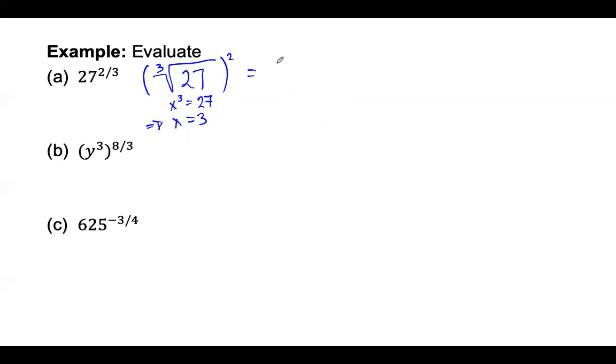So this is 3 to the exponent 2, which is equal to 9. What about this y? This is y to the power 3 to exponent 8/3.